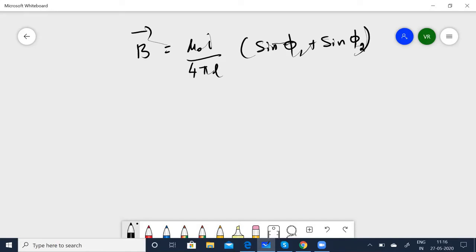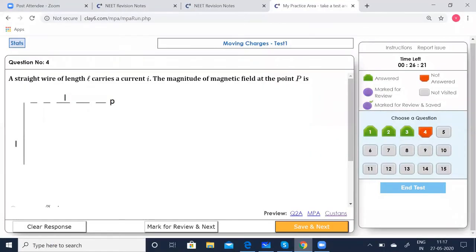Now we can see that phi 1 is 0 and phi 2 is 45 degrees.